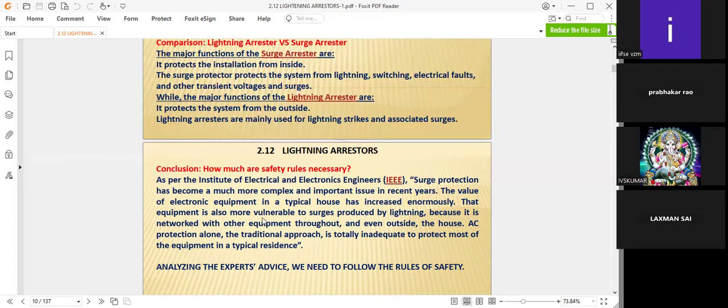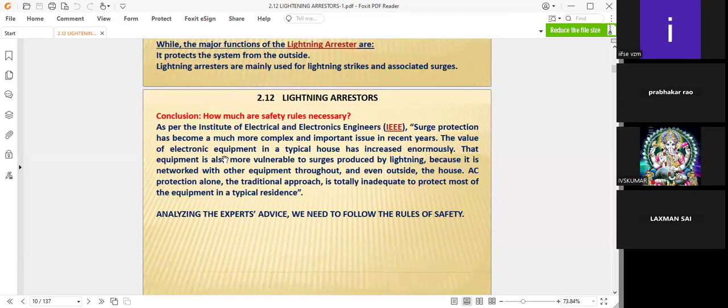That equipment is also more vulnerable to surges produced by lightning because it is networked with other equipment throughout and even outside the house. The traditional approach of AC protection alone is totally inadequate.